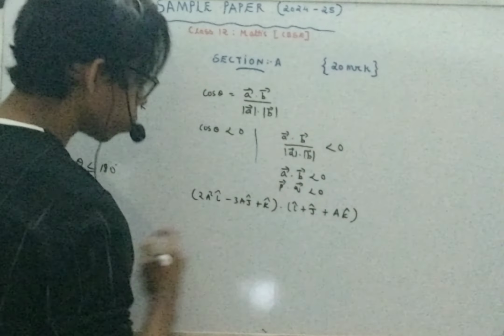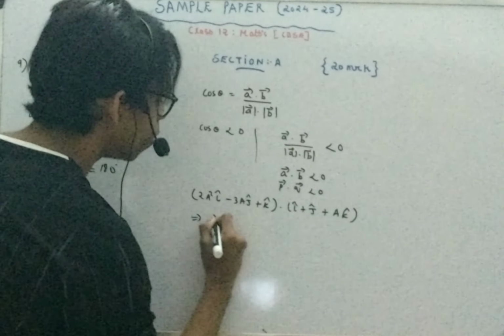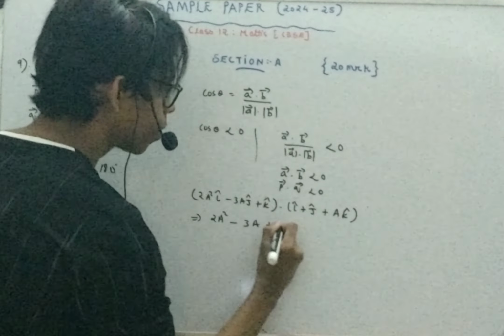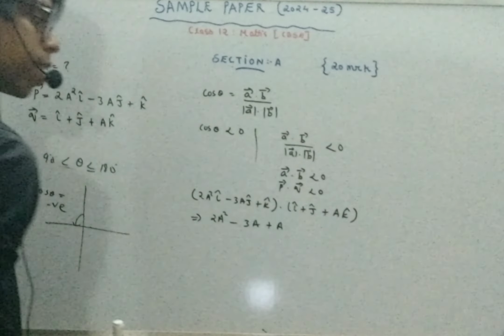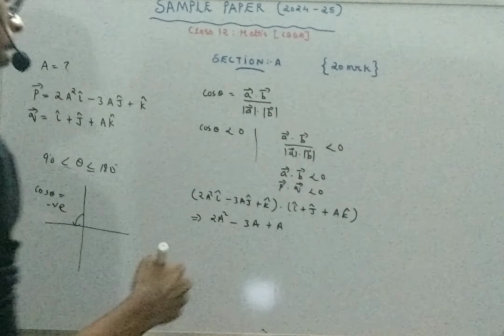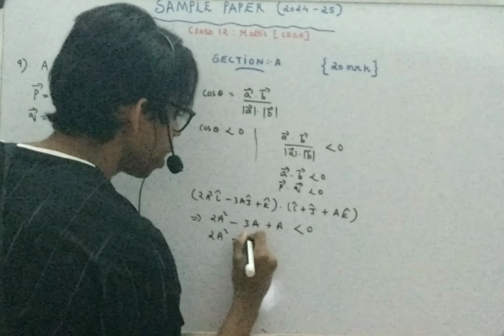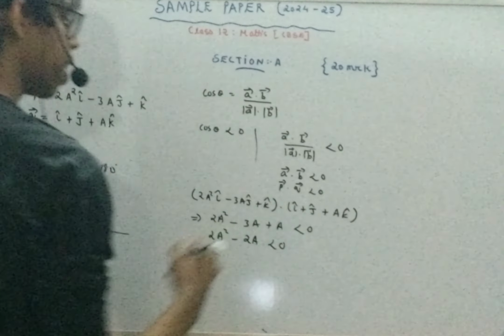Only the coefficients you need to multiply. So we will be getting 2a square minus 3a plus a, less than 0. Now minus 3a plus a means minus 2a. So 2a square minus 2a is less than 0.